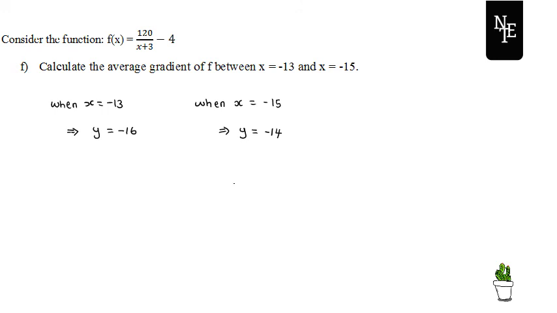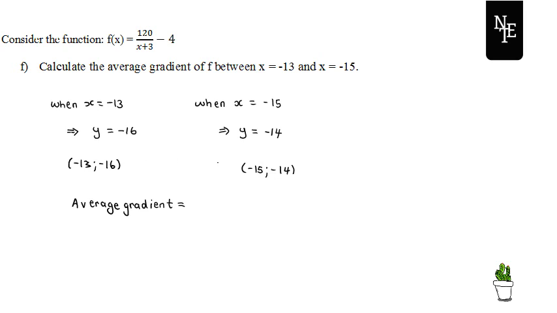Right, so then after that, we can just say that we have the points negative 13, negative 16, and negative 15, negative 14, right? And we want the average gradient. Okay, and average gradient is just the normal way that we determine gradient. It's just going to be a change in y values divided by change in x values, right?